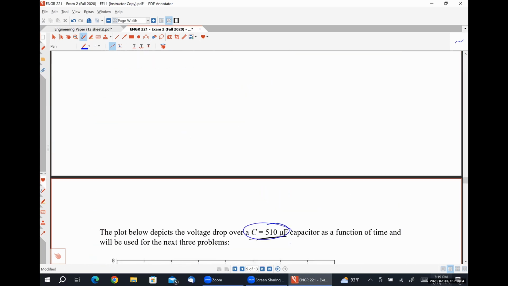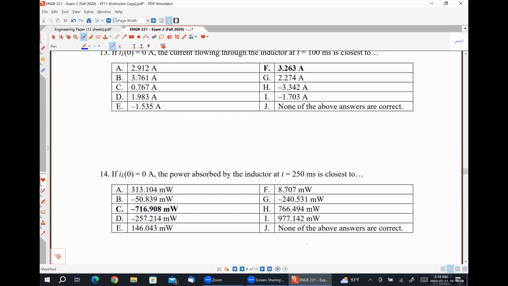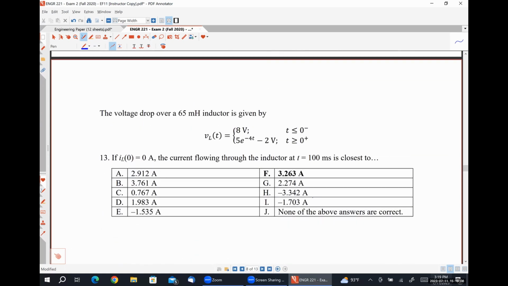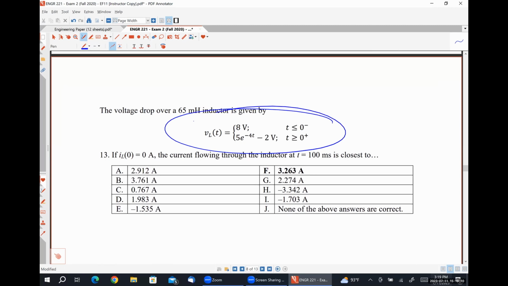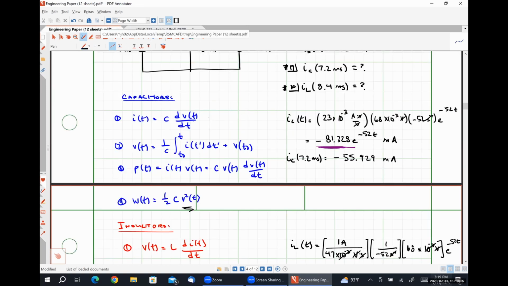I don't know if I mentioned this, but something like this is also a possibility, where I give you a mathematical expression and then ask you for current or voltage, power, and energy. So it's literally just using the relationships directly, not applying them to a graph.